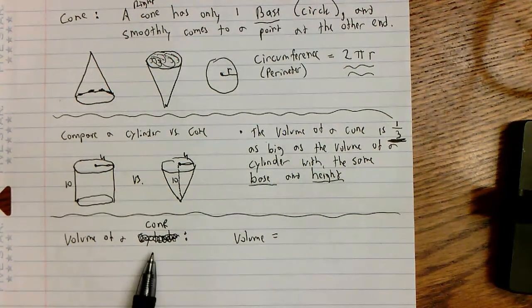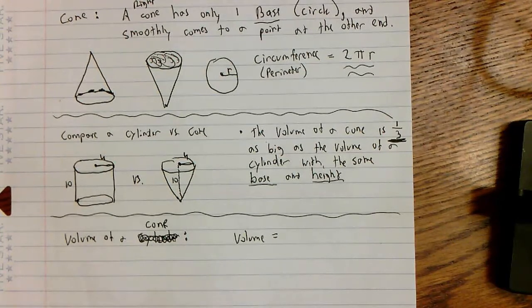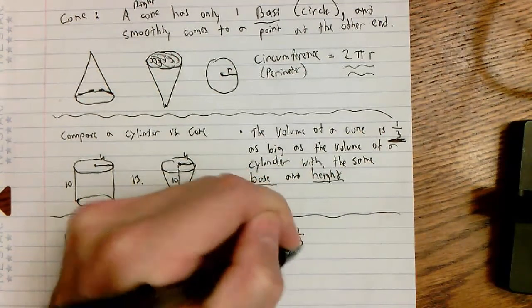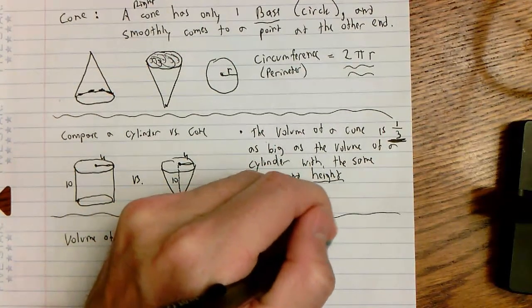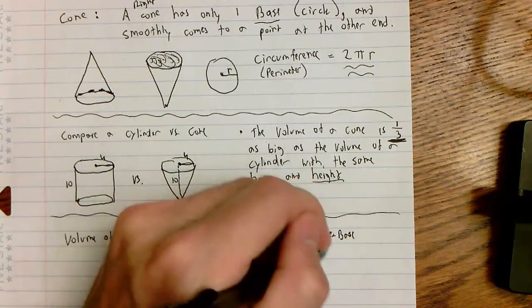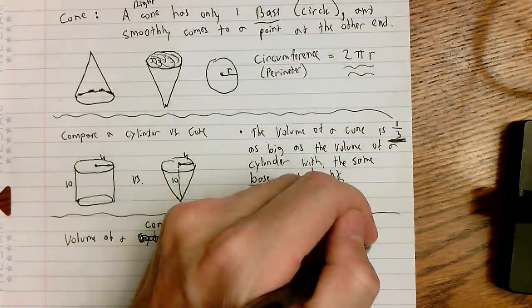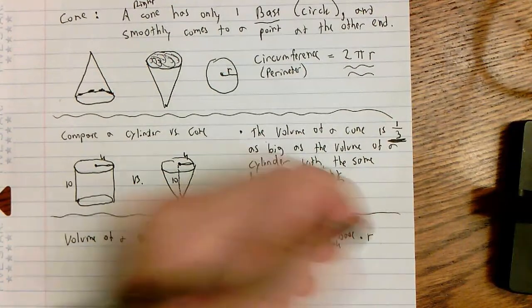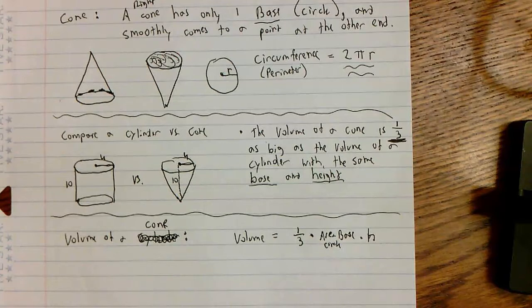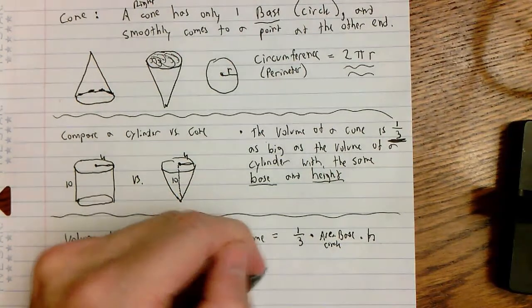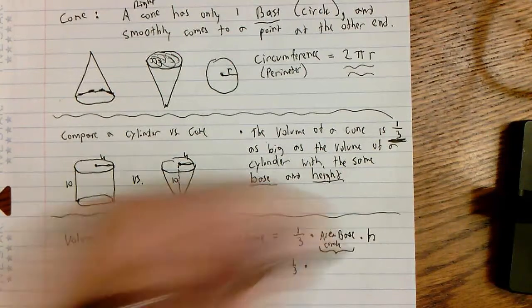The volume of a cone, since the cone is 1/3 as big as the cylinder, its formula is 1/3 times the area of the base, which is the circle, times the height.